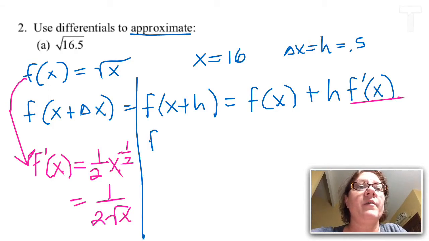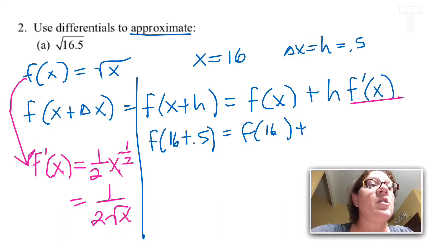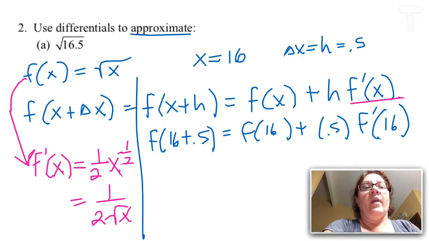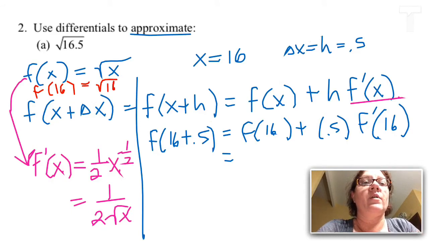So I'm doing f of 16 plus 0.5, which would be f of 16 plus h, which I happen to know h is 0.5, times f prime of 16. And so I know f of 16, well, f of 16 I can do in my head, right? That was kind of the whole purpose. So that'll be square root of 16, which is 4.